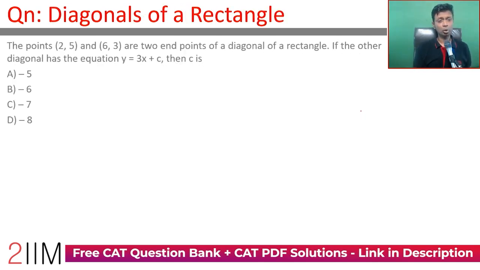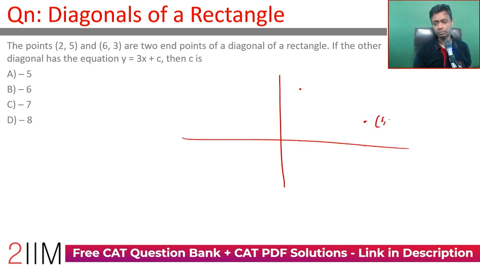The points (2, 5) and (6, 3) are 2 end points of the diagonal of a rectangle. So (2, 5), (6, 3). If the other diagonal has the equation y equals 3x plus c, so some equation like this, this is the other diagonal, then what is the value of c?